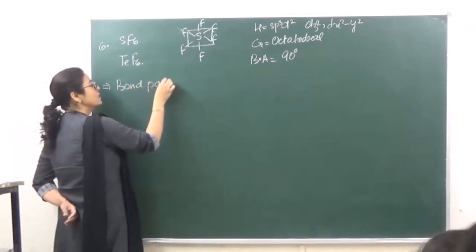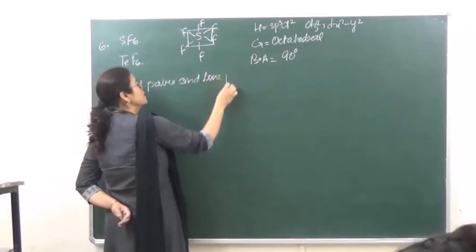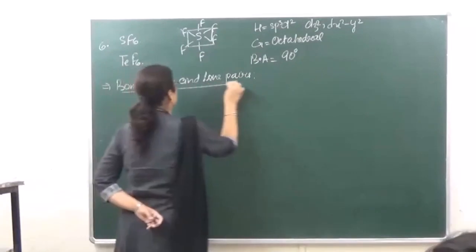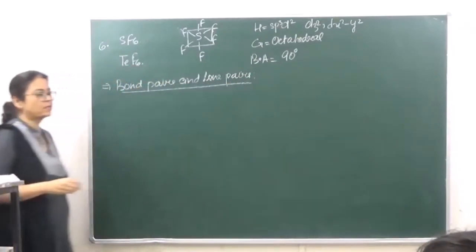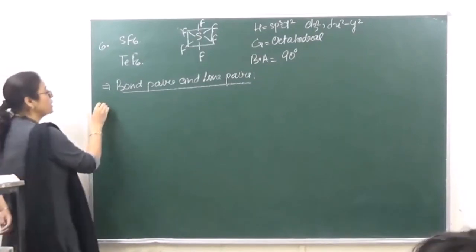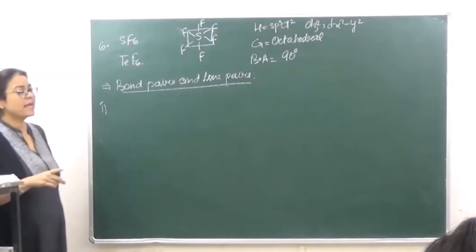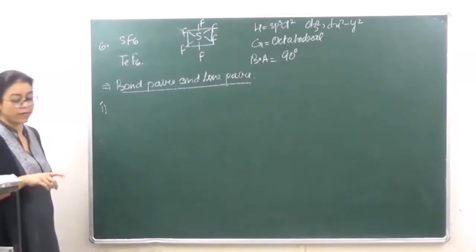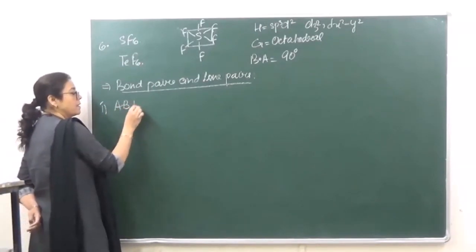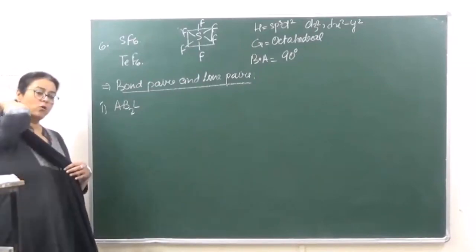Right? Then second we go to the molecules having both bond pairs and lone pairs. ठीक है? So the first molecule which we are going to discuss, यहाँ पे we will represent B with bond pairs and L with lone pairs. Okay? So the first molecule we have is AB2L, which means there are 2 bond pairs present and 1 lone pair present.